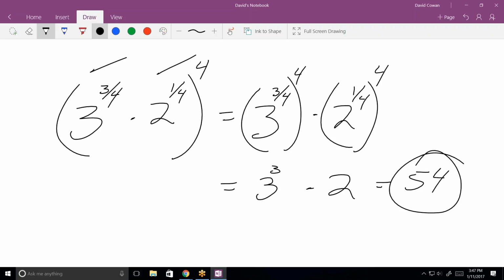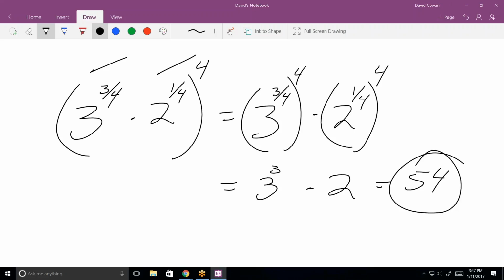Then when you take it to the 4th power, it's going to compound the round-off error even worse. I'd almost bet money you do not get 54. You might get 53.98 or 54.03 or something like that.